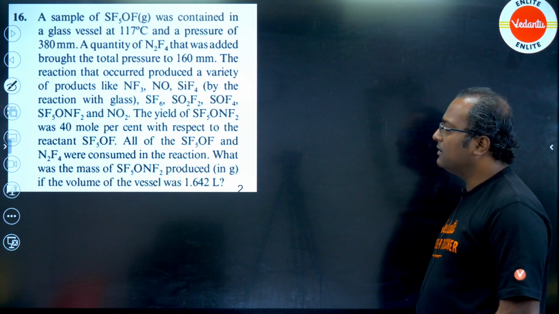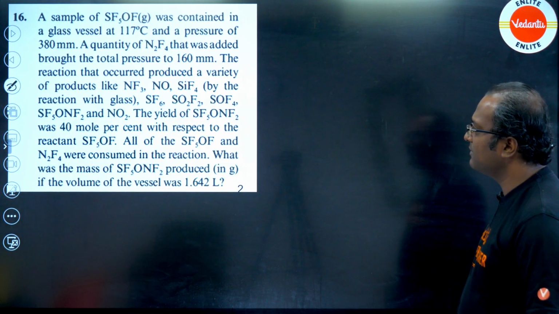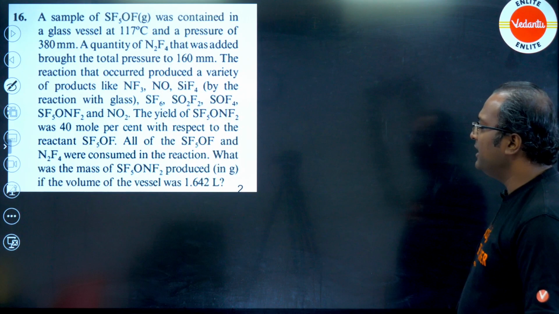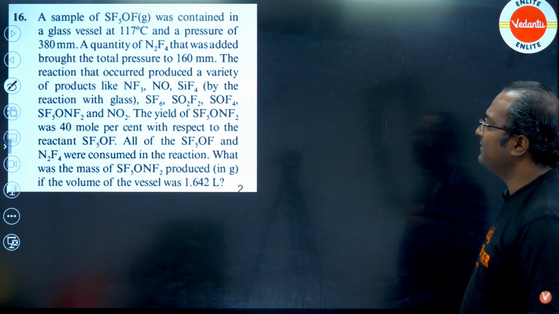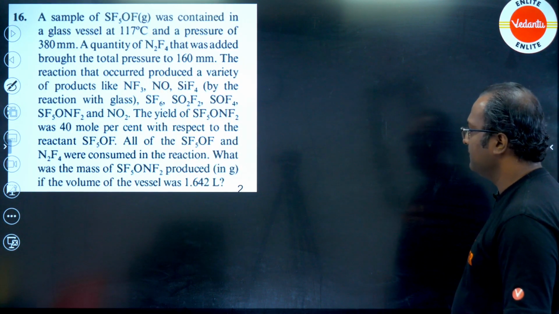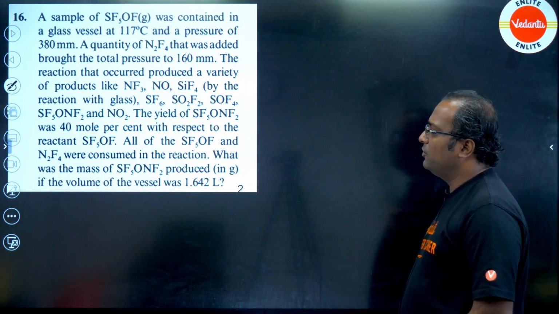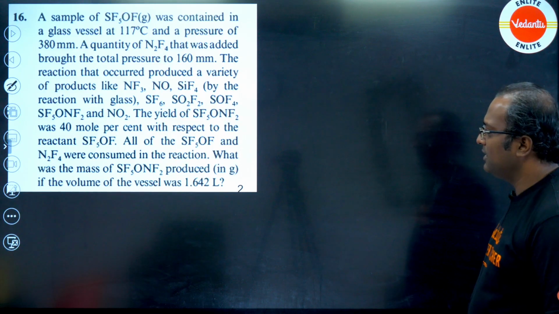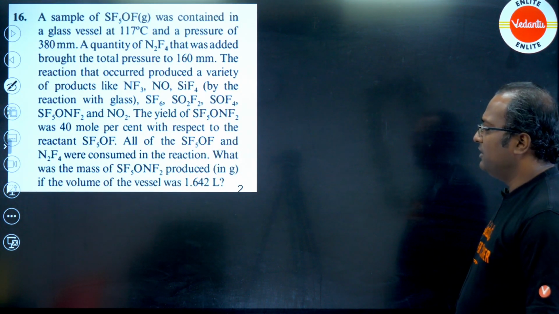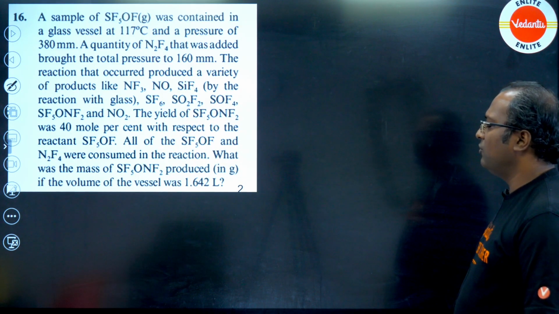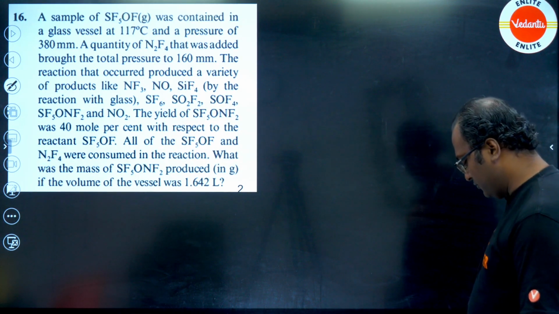The reactions that occurred produced a variety of products. The yield of one particular product was 40% with respect to SF5OF reactant. All the SF5OF and N2F4 were consumed in the reaction. Nothing remains behind. What was the mass of SF5ONF2 produced if the volume of the vessel is 1.642 liter?